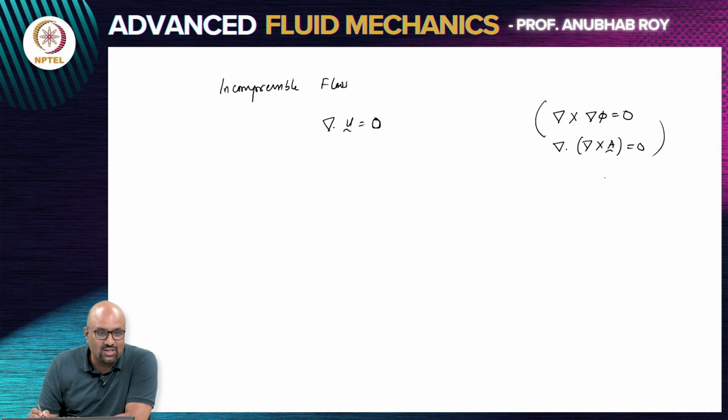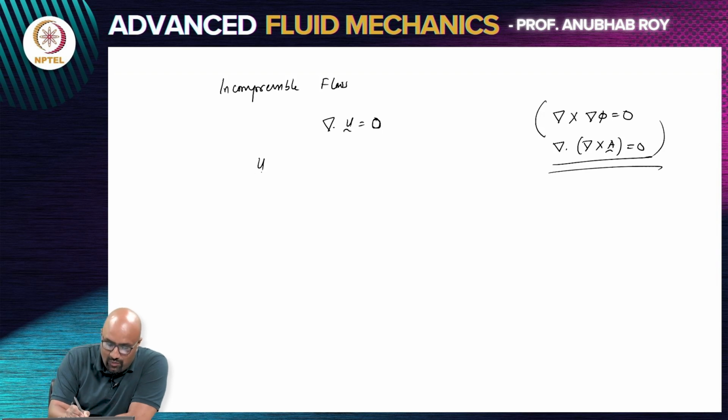These were identities which we proved using tensors. So every vector field which can be expressed as a curl of another vector field will always be divergence free, which means if velocity is a divergence free vector field, we can write it as the curl of another vector field.